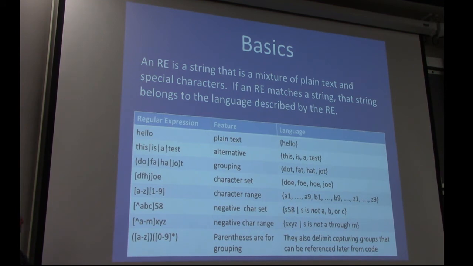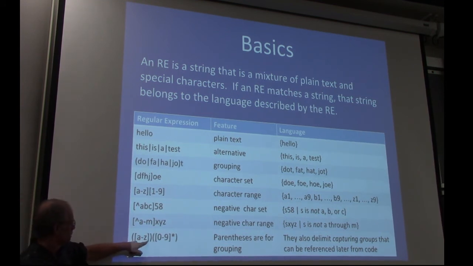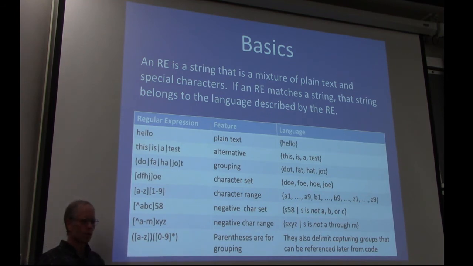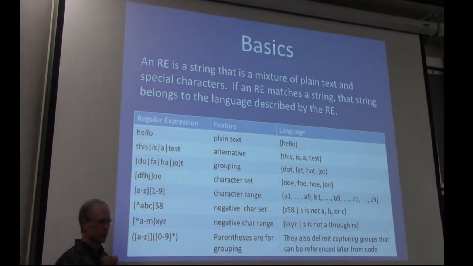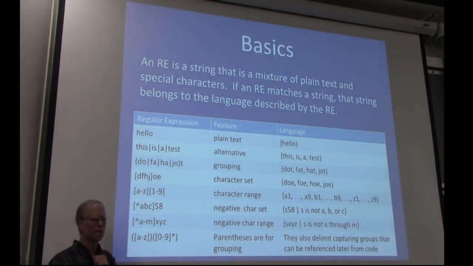A to Z followed by one or more, is that just 0 through 9, right? Okay, so star, I guess I gave a star too quickly here. Star means 0 or more repetitions. So this says a single lowercase letter followed by 0 or more digits. Star means 0 or more repetitions of the thing that came before it.